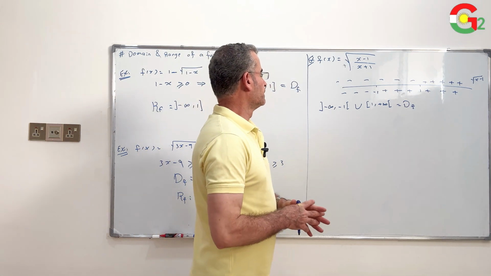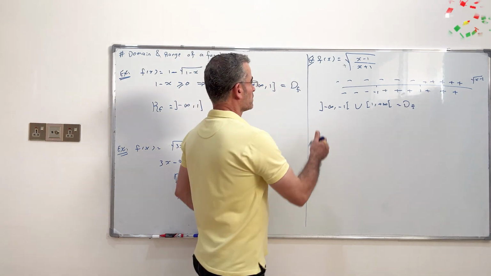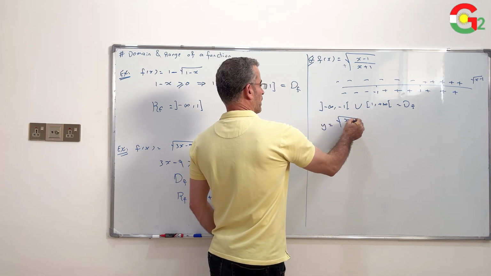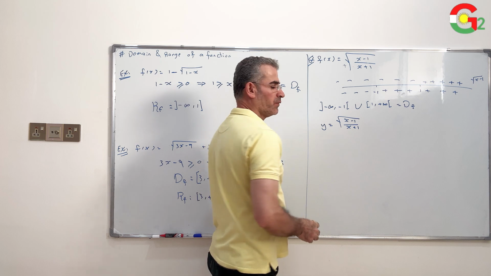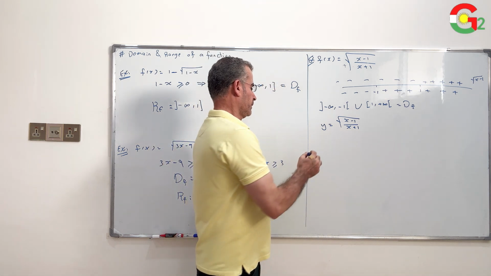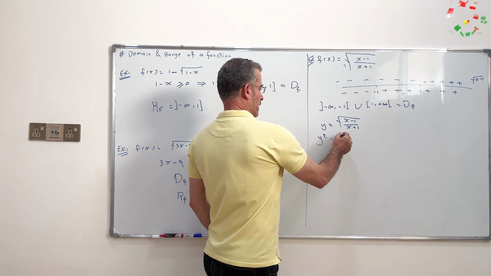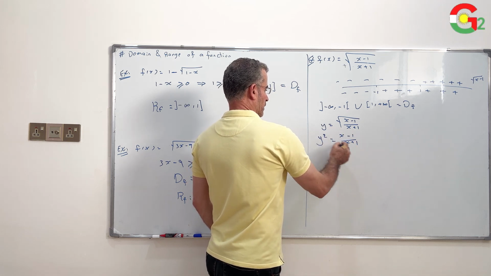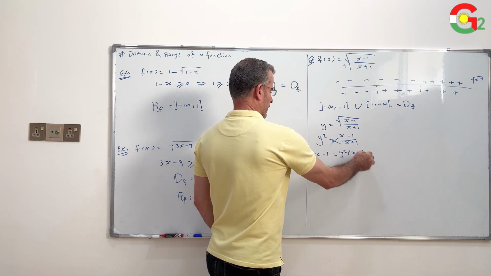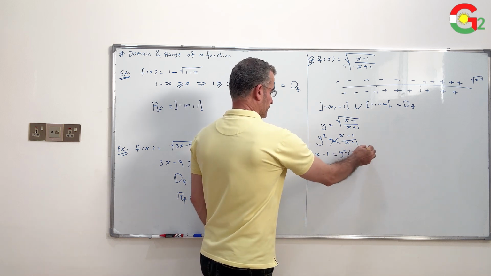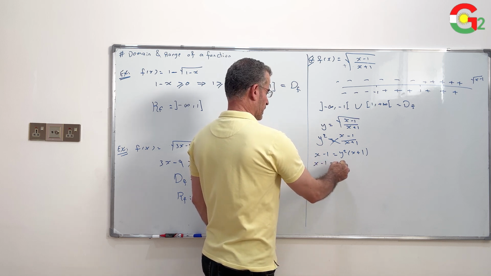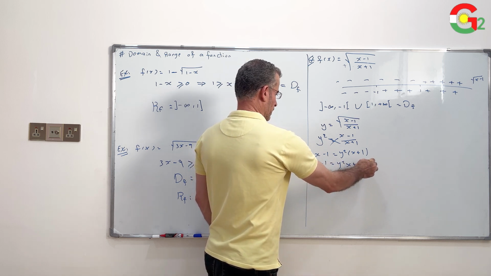For the range, I must solve y equals square root of x minus 1 over x plus 1 to find the value of y. Square both sides, cross multiplication, solve this equation to find the value of x: y squared x plus y squared.